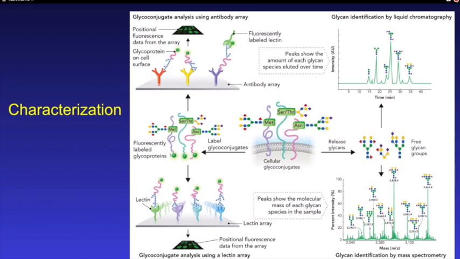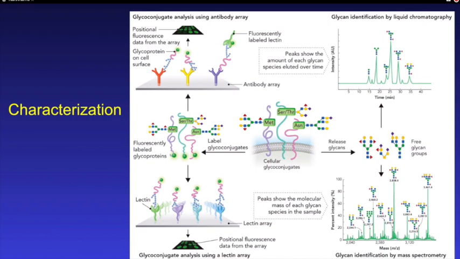Quite often, what we can do is break off these particular sugars and separate them by liquid chromatography, and knowing how fast they run against a certain column, we can have standards and compare them, or we can use mass spectroscopy to look at exact masses and try to identify the sugars by these exact masses. That's one way to look at it.